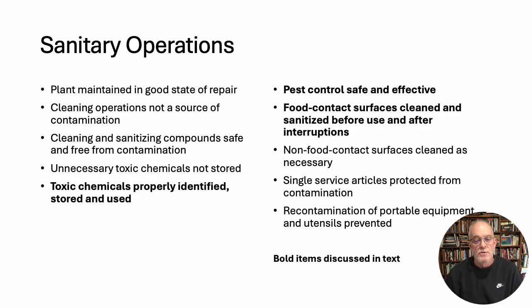We want to protect single service or single use items against contamination. We want to make sure our equipment and utensils are maintained, cleaned, and sanitized in a manner to prevent contamination or recontamination during storage or non-use. We want to store them in a way to prevent that.